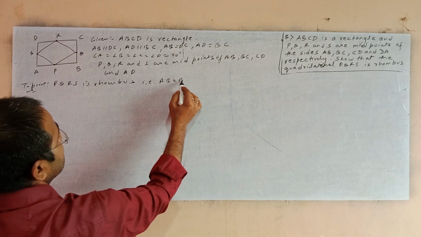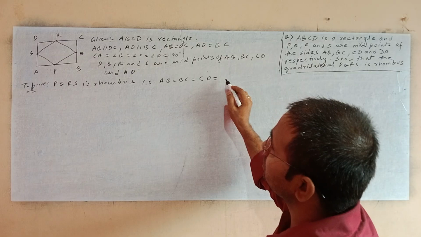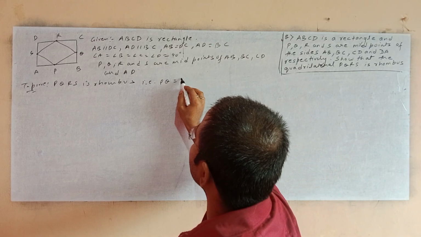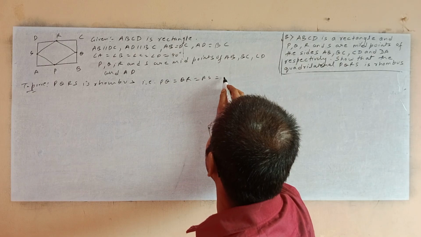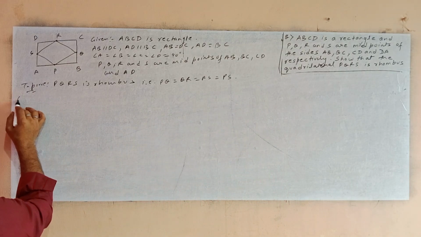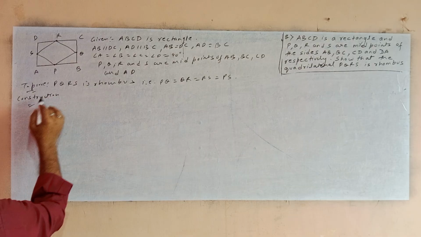That is, you have to show PQ is equal to QR is equal to RS is equal to PS. Now for this purpose, again you will do a construction here. What construction will you do?